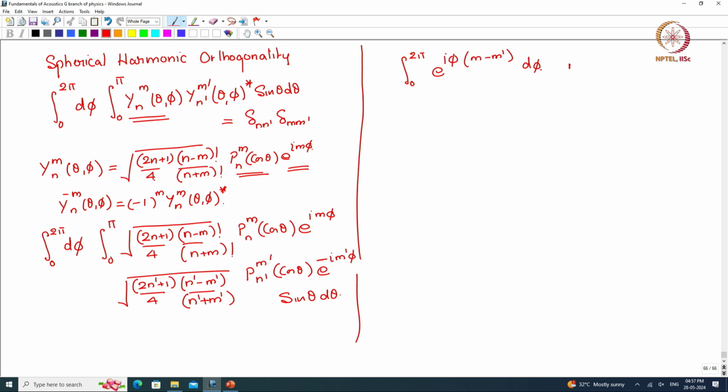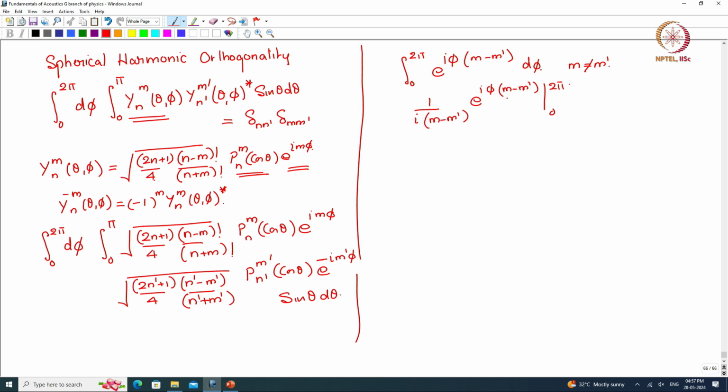If m is not equal to m', this is equal to 1 by i(m minus m') e to the power of i phi (m minus m') over 0 to 2 pi. Okay.